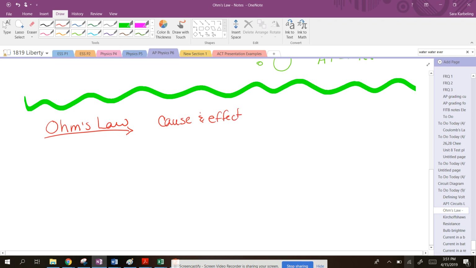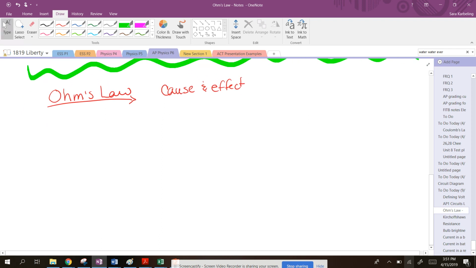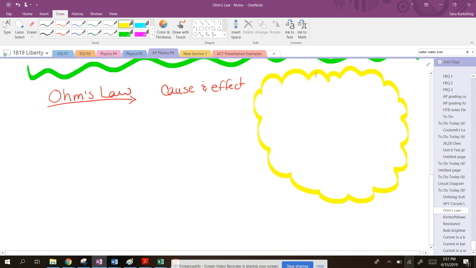And before I actually throw Ohm's law up on the board here, I want to have you remember another cause and effect law that we looked at so long ago. So I'm drawing a little thought bubble over here just to remind us of everybody's favorite, or maybe not your favorite because there are a lot of good ones, but a pretty great one, Newton's first and second law.